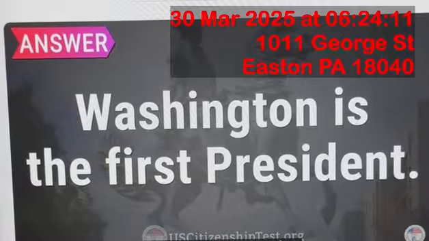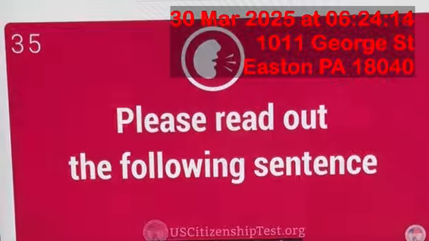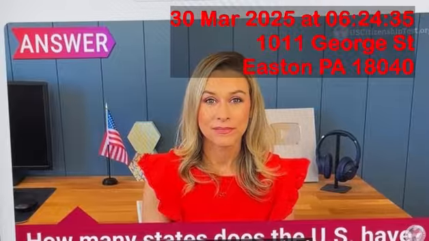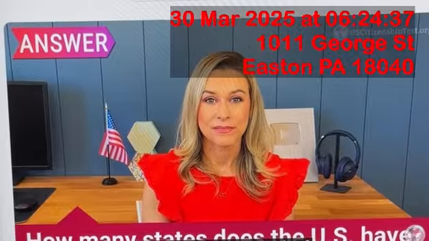How many states does the U.S. have? The United States has 50 states.